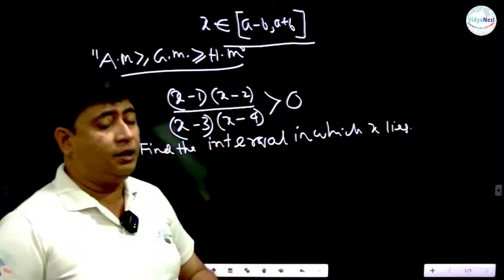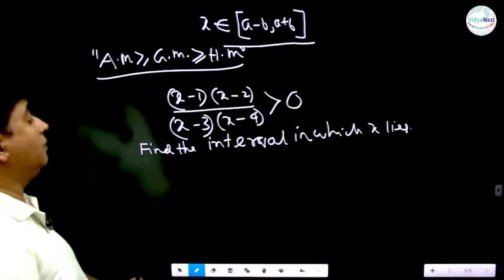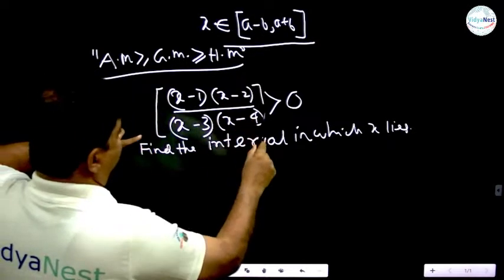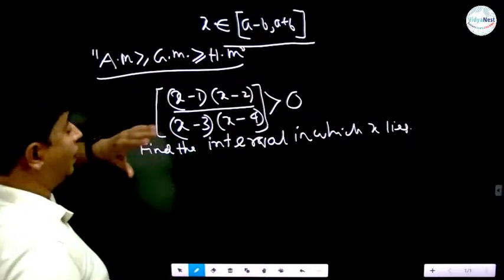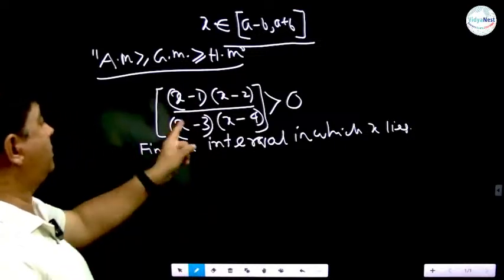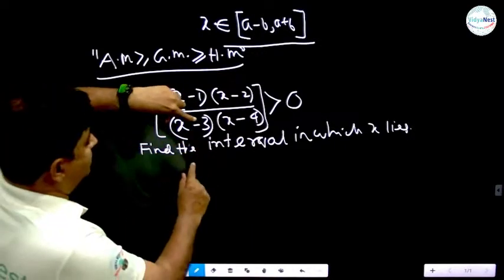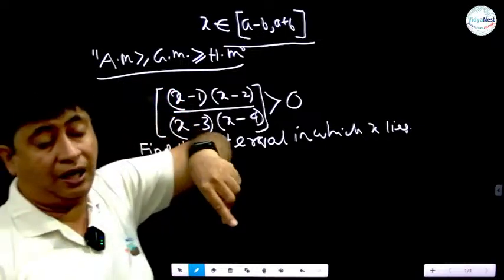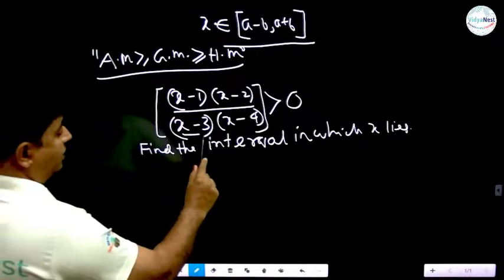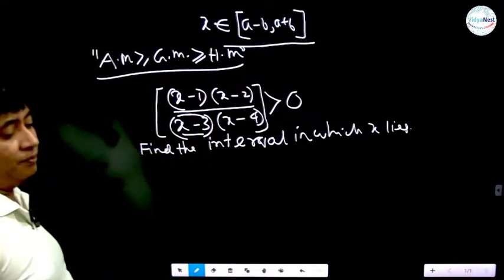So here, the number line will have a strong role. First of all, see the whole algebraic expression is greater than 0. There are 4 factors: x minus 1, x minus 2, x minus 3, x minus 4. If I put x minus 3 equal to 0, shall I get a valid point? If I put x is equal to 3, then something by 0 will come, undefined.